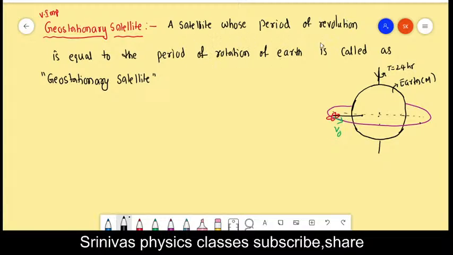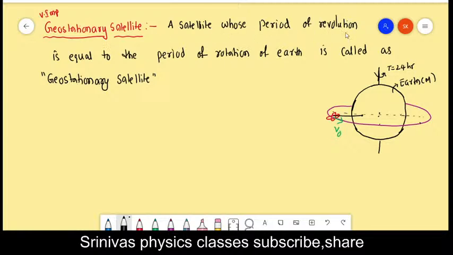The satellite is revolving while the earth rotates about its own axis. The period of revolution is the time the satellite requires for one revolution. For the earth, a certain time is required to complete one rotation; if the satellite requires the same time to complete one revolution, then such a satellite is called a geostationary satellite.